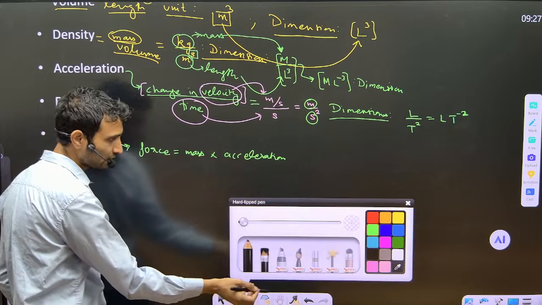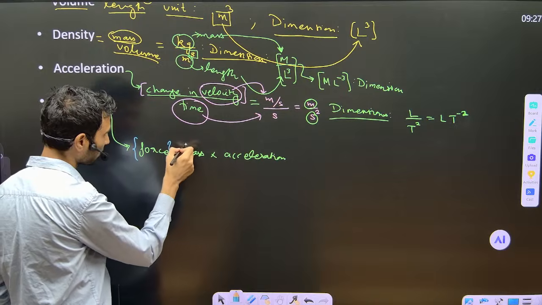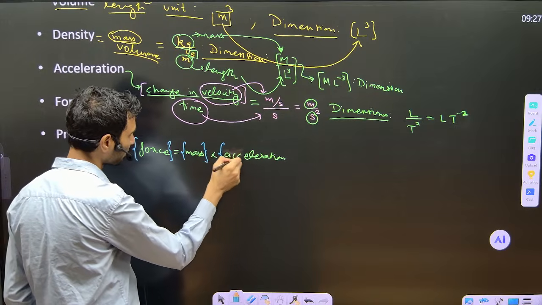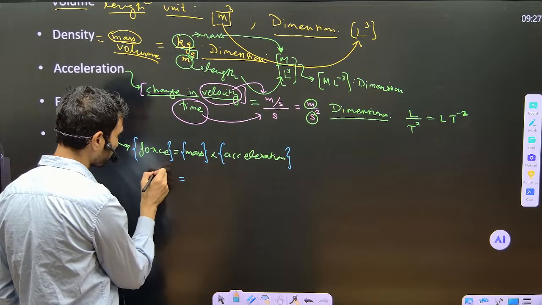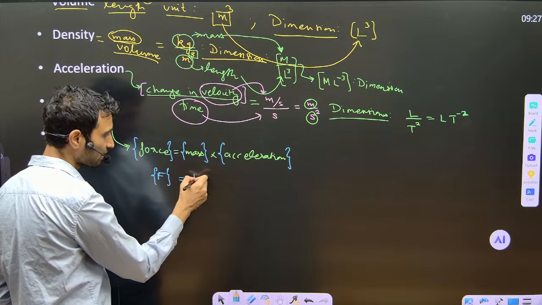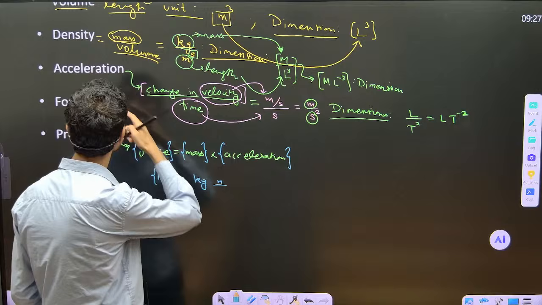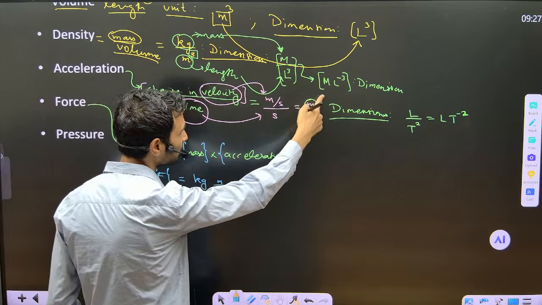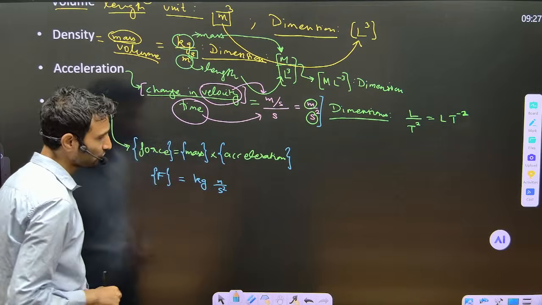So for units, we use curly brackets, right? So F unit will be mass unit. What is the mass unit? kg. Acceleration unit meter per. We just saw acceleration is what? Meter per second square, right?